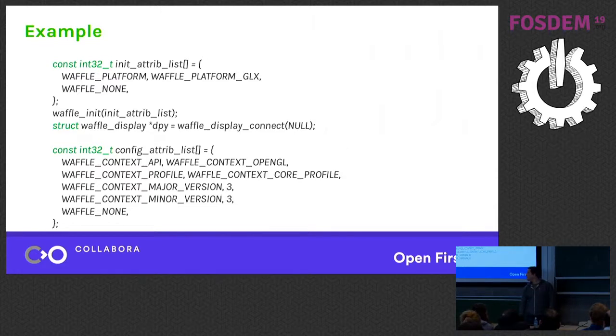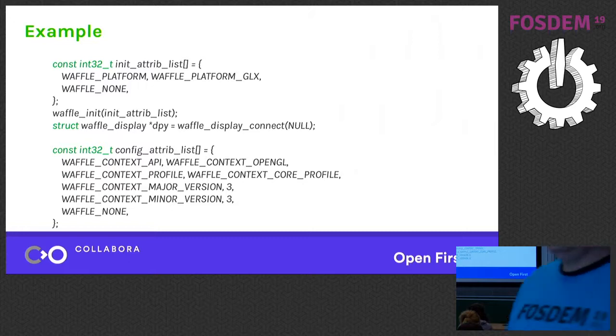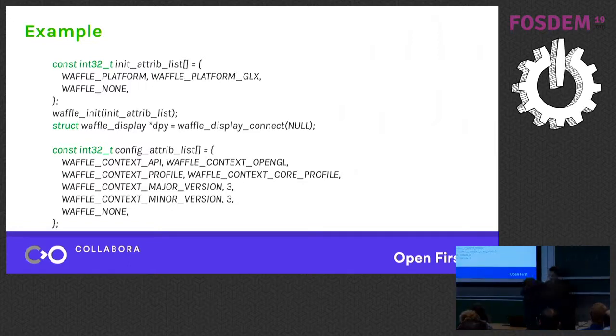One interesting topic that has come up a couple of times is, why do we need to specify the platform? Surely you can add some heuristics and let Waffle detect that for you. The reason is that at its base, Waffle aims to do the very minimum for you to simply not bother with the platform specifics, but at the same time a high-level decision such as what you want to use, be that X, Wayland, or something else, is a decision of the user.